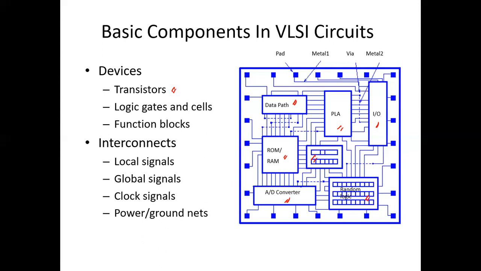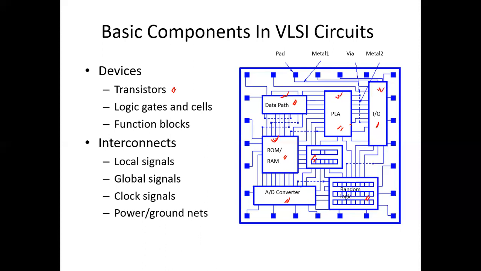After that, through these logical gates and cells, we make the functional blocks. Here, these are the functional blocks: the data path, memory. You know the memory is made through gates or transistors.